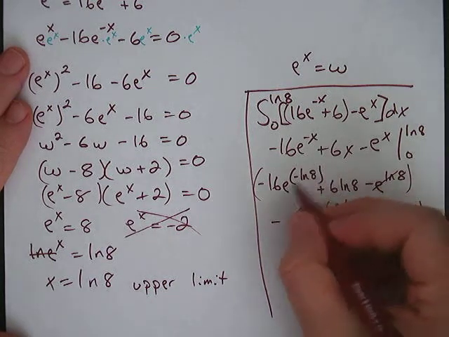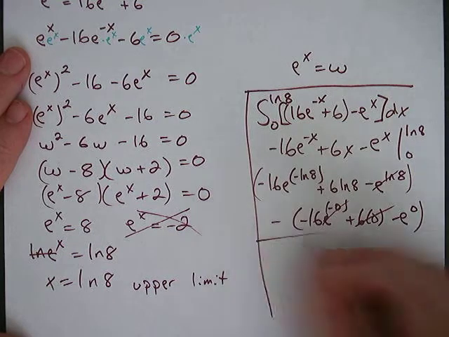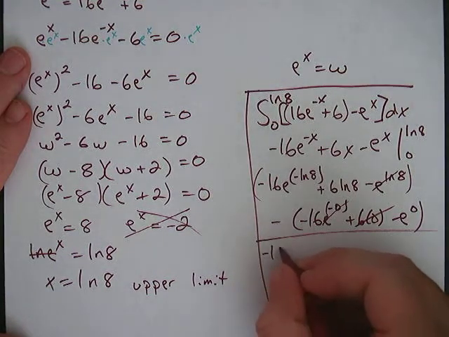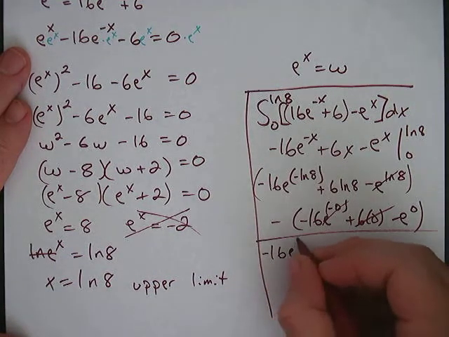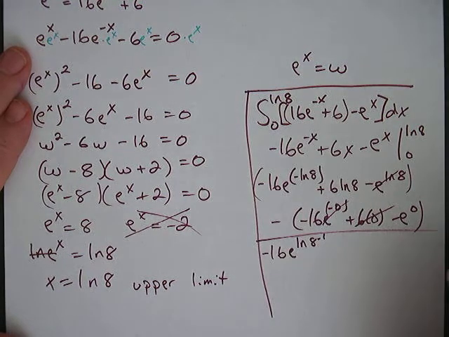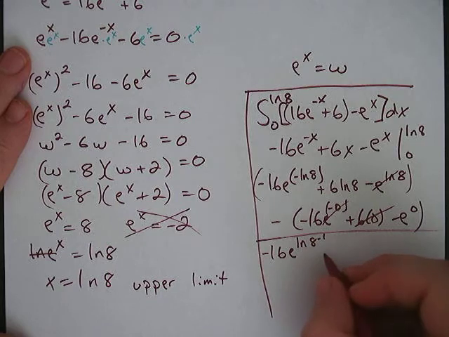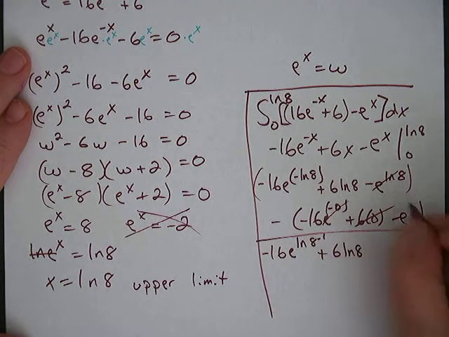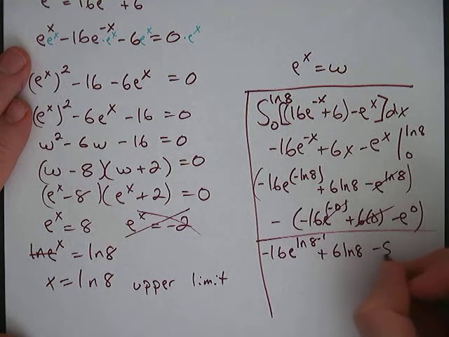And then the e and the ln would cancel out. So let's write that down. Negative 16 e to the ln of 8 to the negative 1, plus 6 ln 8. And then this is going to be minus 8 for my first parentheses.